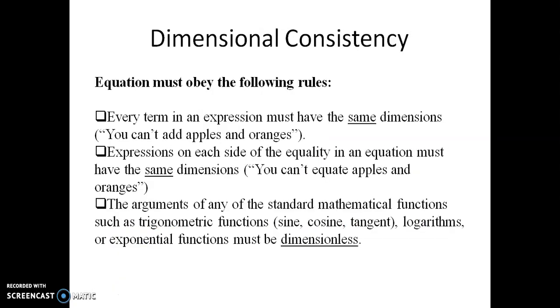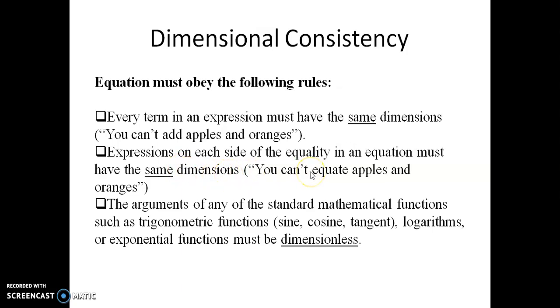A physics equation must be dimensionally consistent. So what does that mean? It means the equation must obey the following rules. One, every term in the expression must have the same dimension. You cannot add apples and oranges, right? Two, the expressions on either side of the equality in the equation must have the same dimensions.